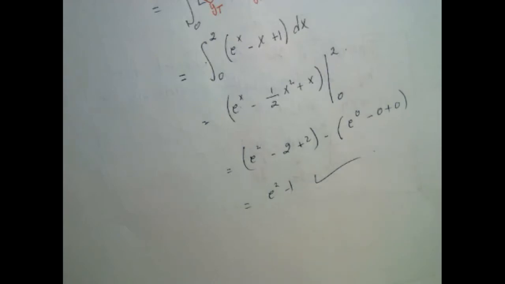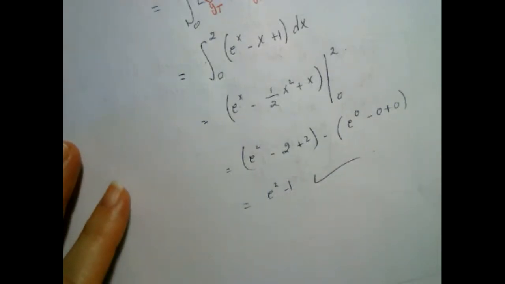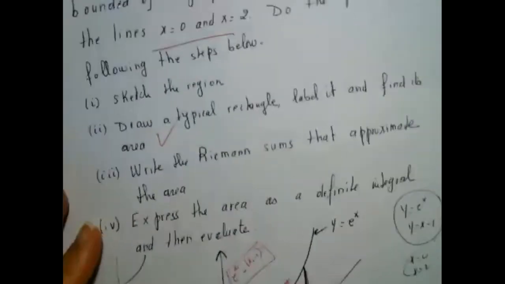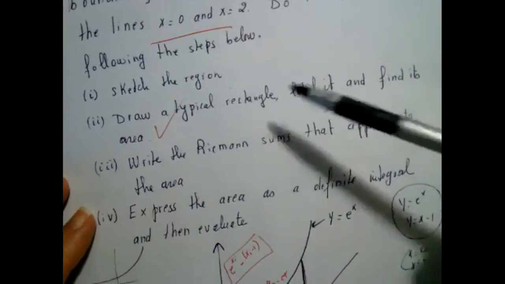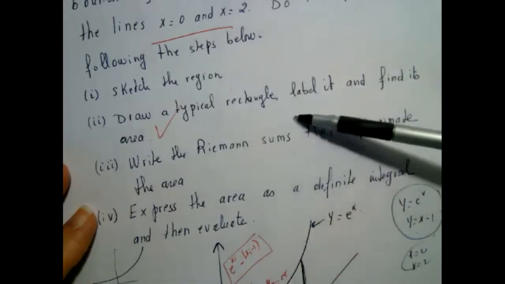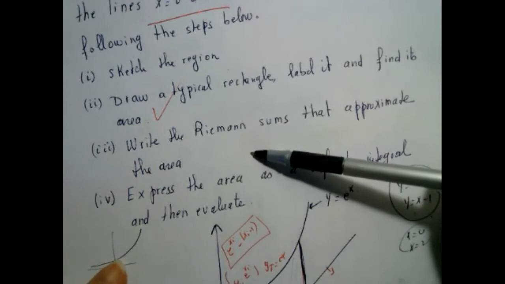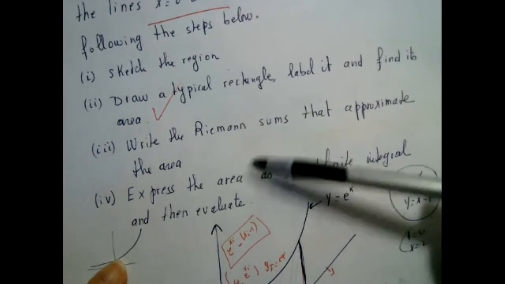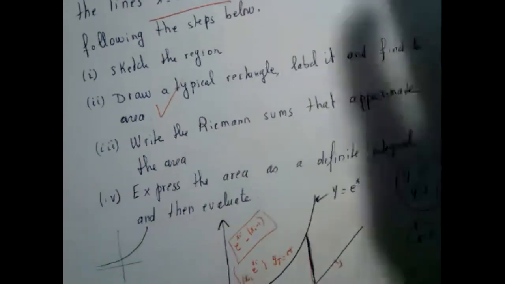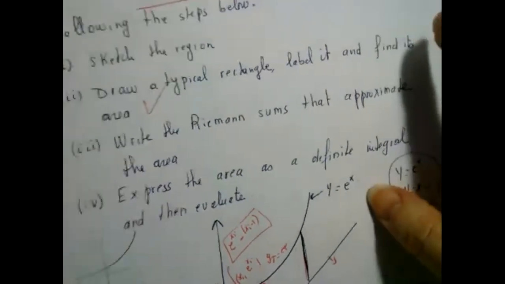Could you show the steps that you had written down on the last page real quick? Sketch the region. Draw a rectangle, label it, find its area. Write the Riemann sum that approximates it, and then express the area as a definite integral. Thank you.